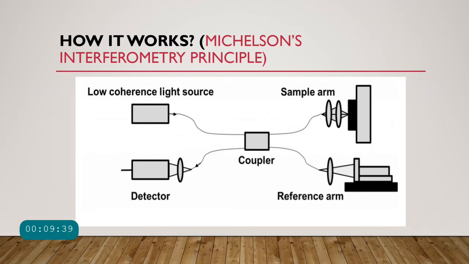So what is the principle on which the OCT works? As I told you, it is the Michelson's interferometry principle, also called the low coherence interferometry principle. Here we are using a low coherence light source, and that light source is being sent to a coupler, which is also called a beam splitter. This coupler will split the beam and send two signals.